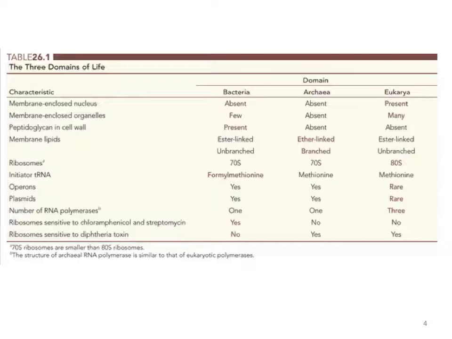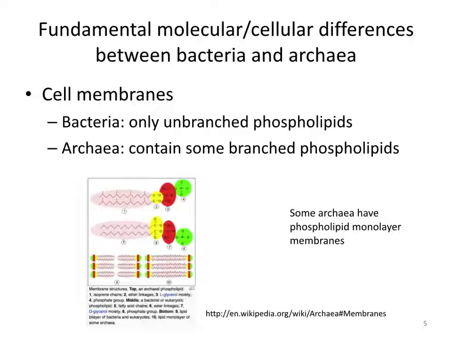But it is interesting to go through some of the similarities, some of the less well-known similarities. So for cell membranes, as we talked about with the evolution of cells, it is the most fundamental structural aspect of a cell. Bacteria only have unbranched phospholipids in their membrane, whereas archaea contain some branched phospholipids.